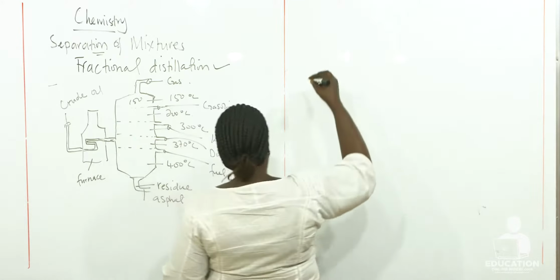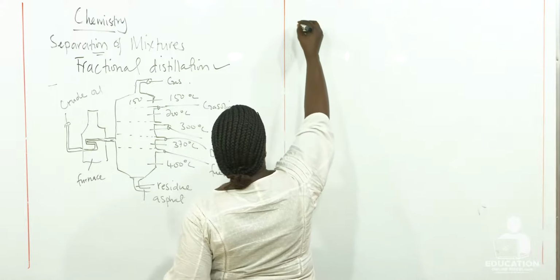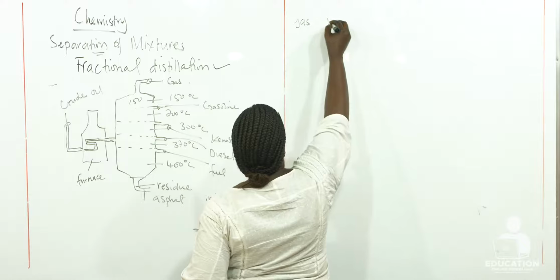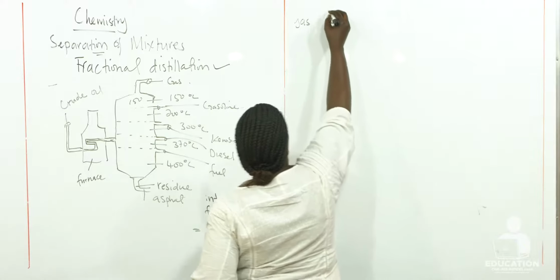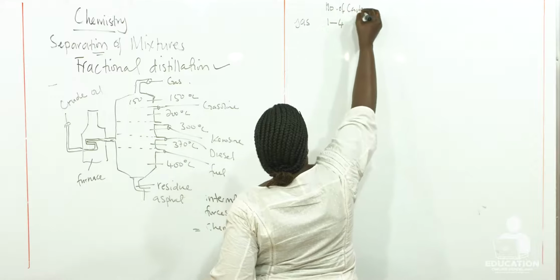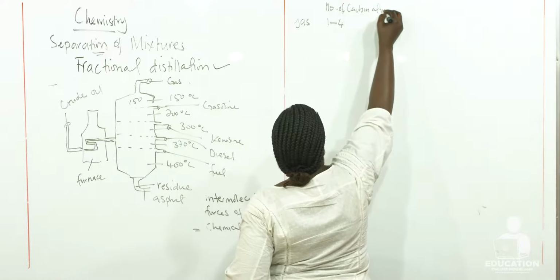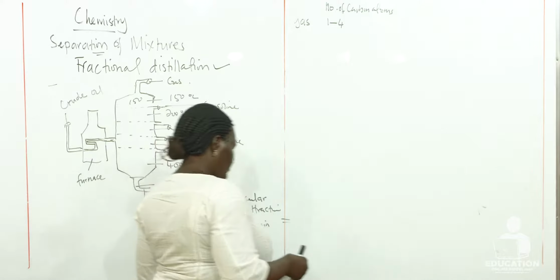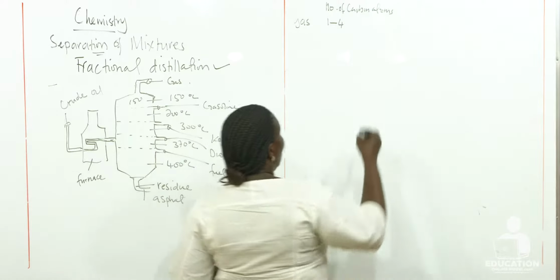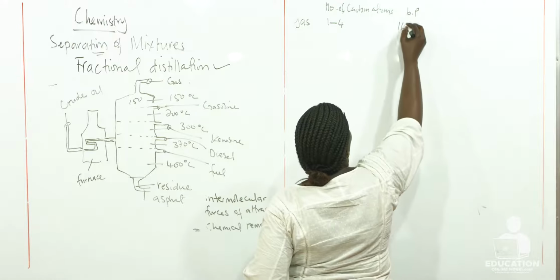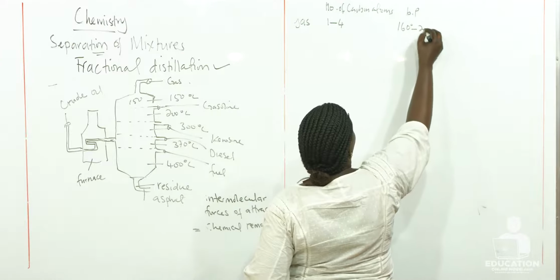We have the fuel gas. This gas has at least 1 to 4 carbon atoms, so it is very light. And then the boiling point is between 160 to 20 degrees Celsius.